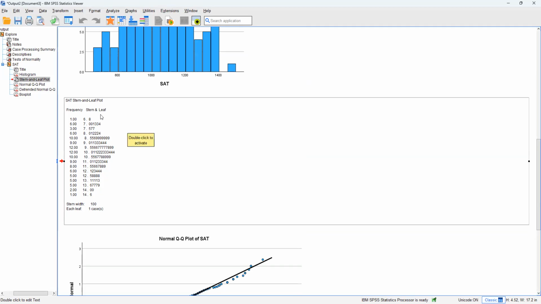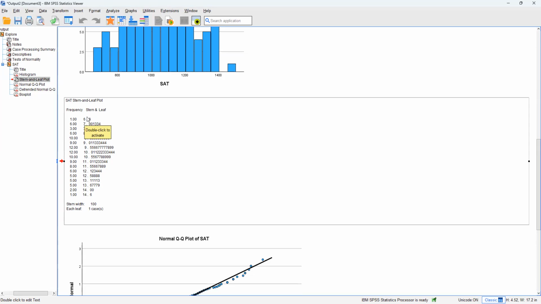The stem and the leaf is how it gets its name. The stem is the first digit, or the first 2 digits, to the left of the decimal. And these are values in the hundreds. So the first value represents hundreds. The first value is a 6, that's 600.